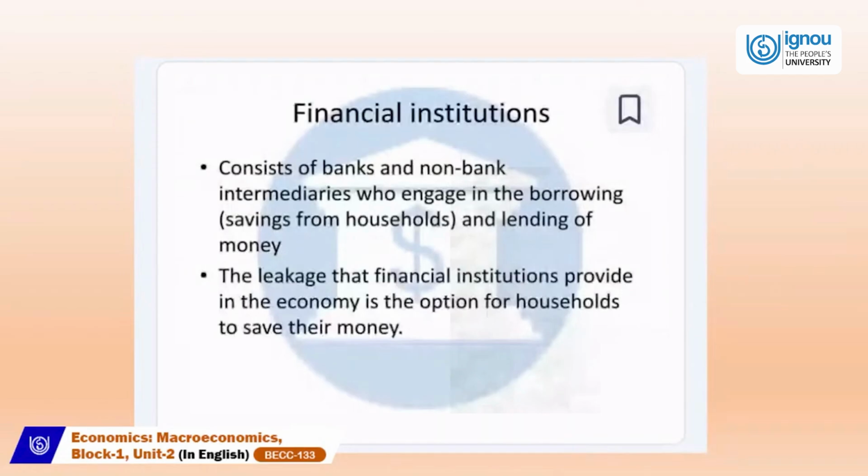The next one is financial institutions. Financial institutions consist of banks and non-bank institutions or intermediaries who are always engaged in the borrowing and lending of money. When we talk about borrowings, that means the savings from households. The financial institution borrows all those savings made by the household, and that money will also be lent to the ultimate households or the firms.